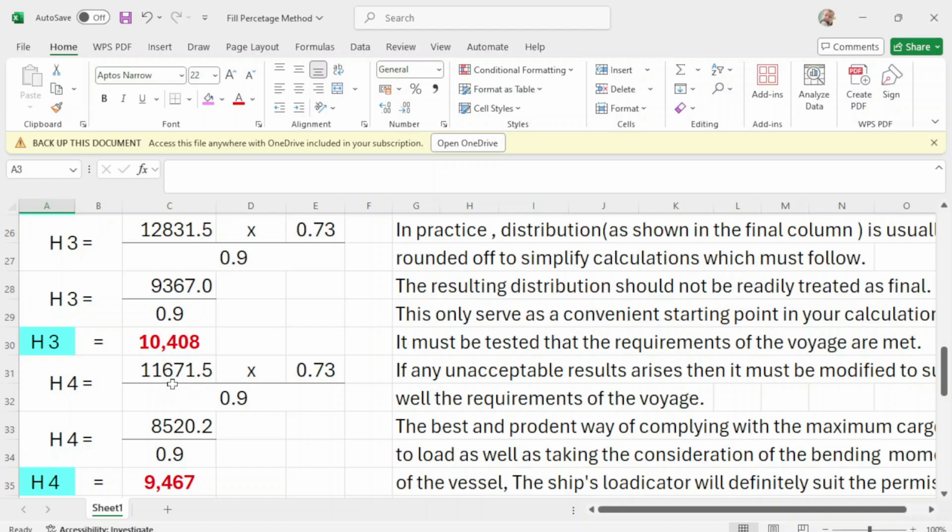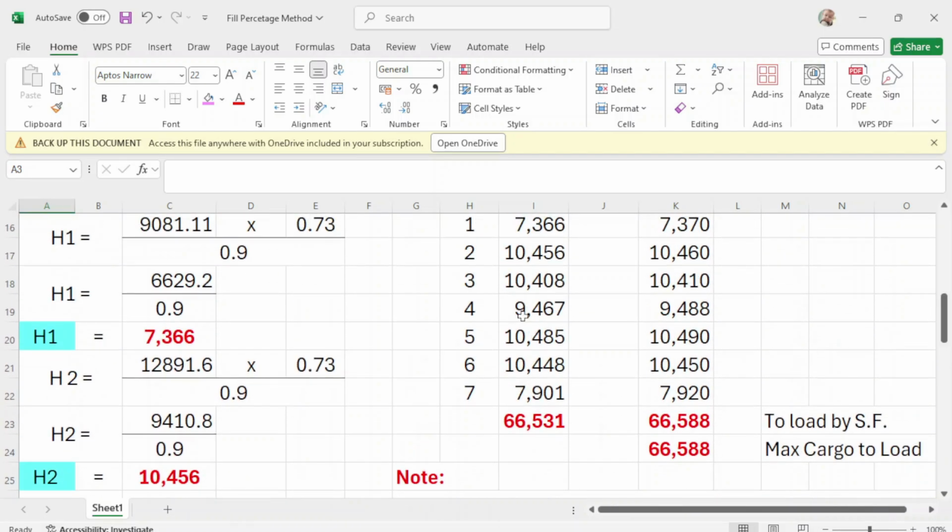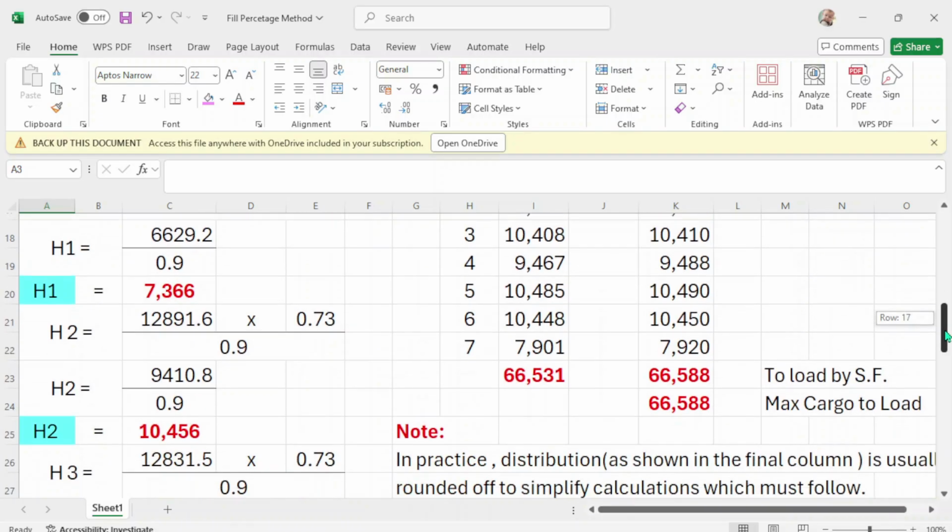And number 4, the hold capacity in hold number 4 is 1167.15 times your percentage over your storage factor, and the value is 9,467. And we go to number 5.